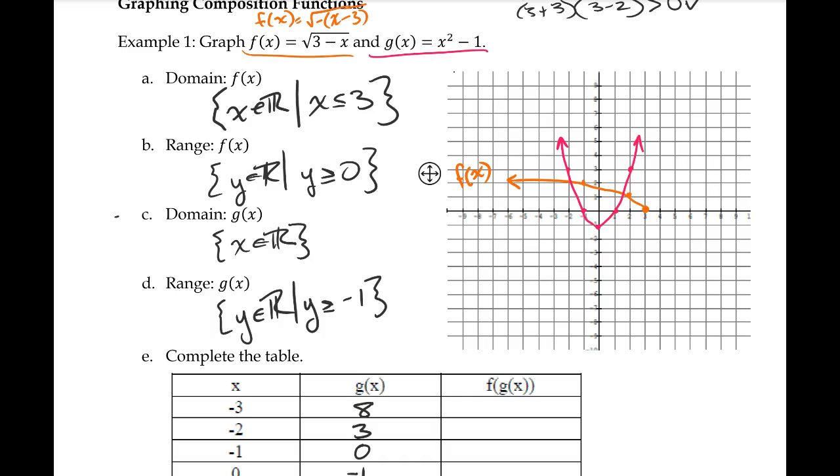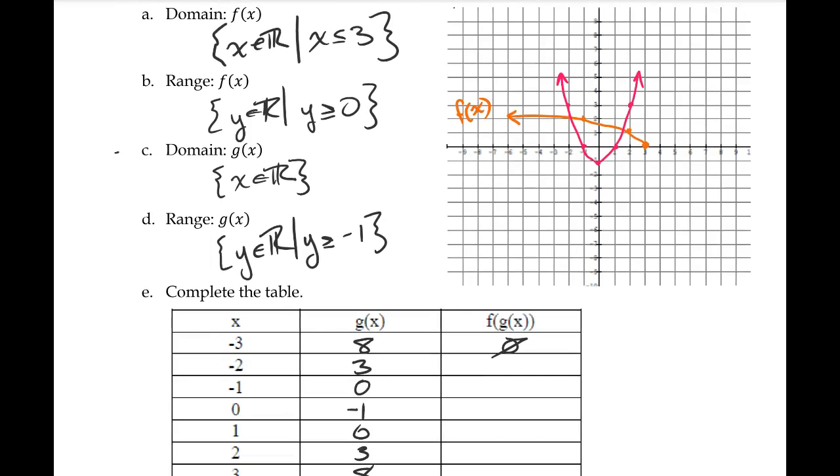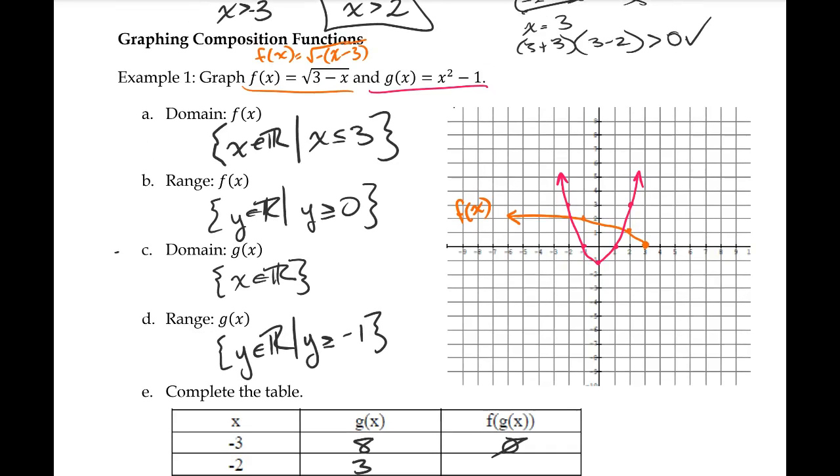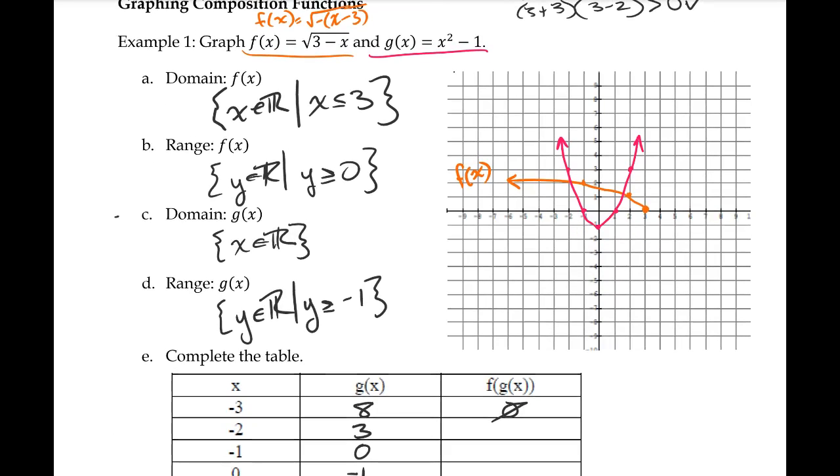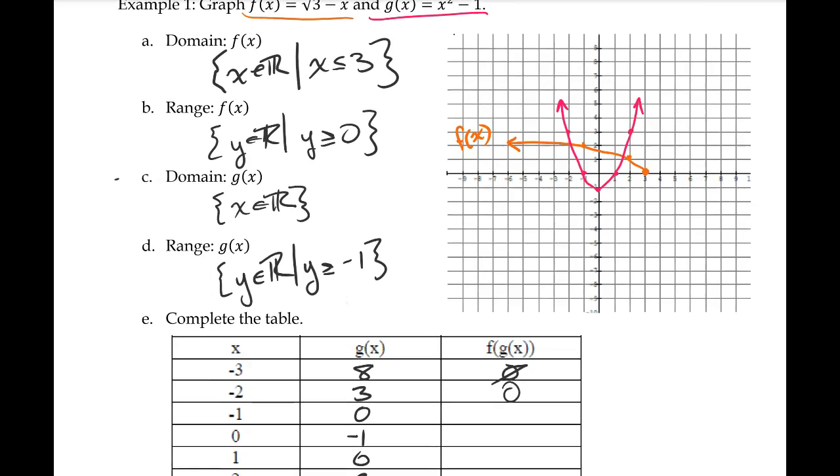So that is not possible. Or you can just give a nil. If we plug in 3, well, 3 subtract 3 is 0, so that would give us 0. That makes sense. That's what we see here.